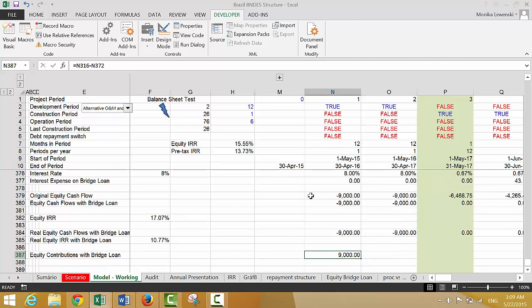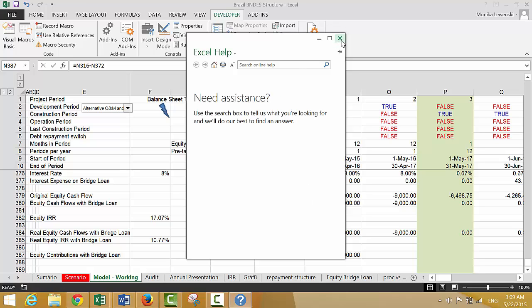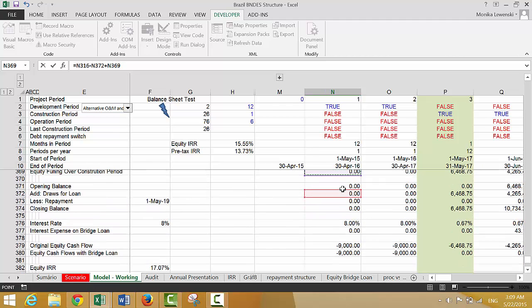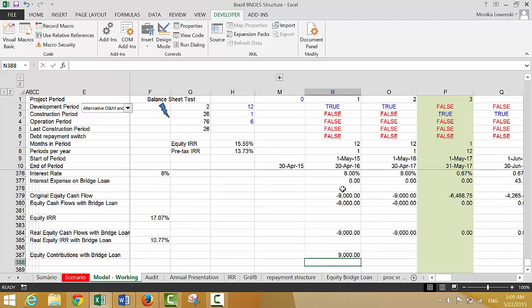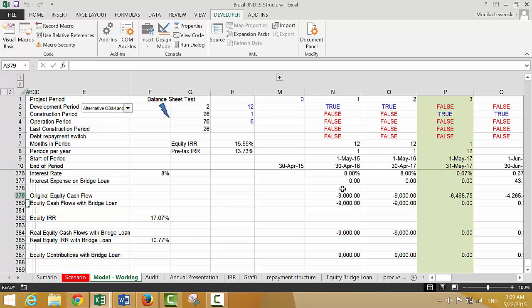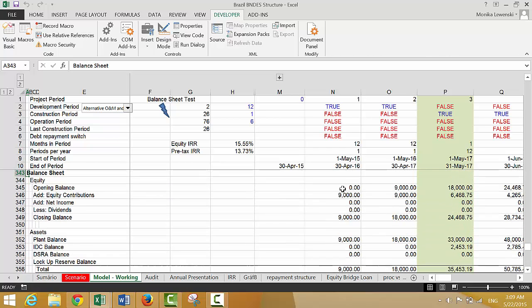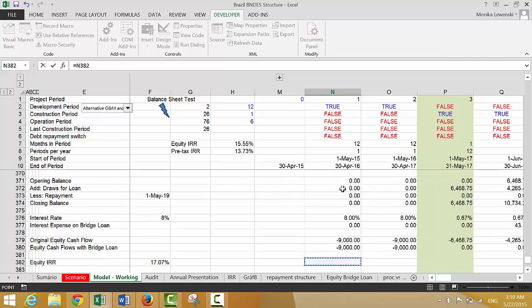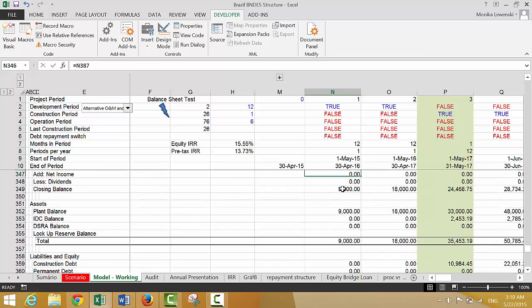And then we add the amount that we have to contribute when we repay the loan, okay? So we have no contributions until we get to this stage. So now we can change the equity contributions to this one. Okay.